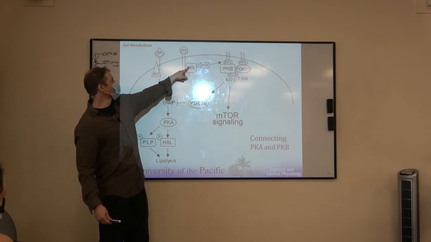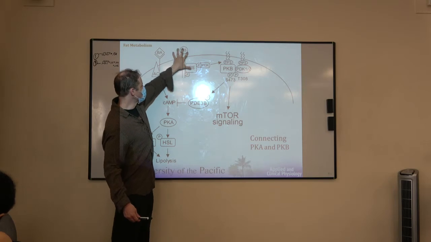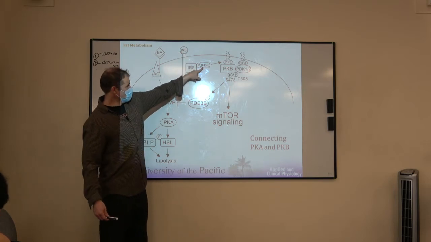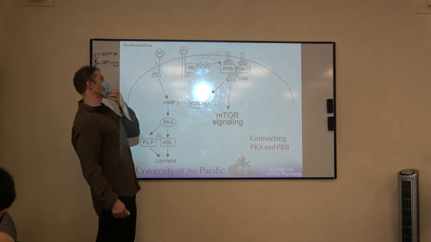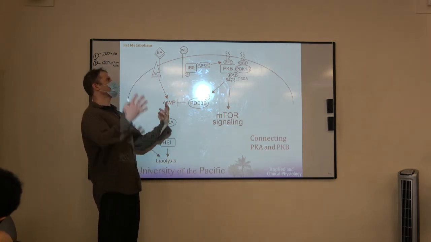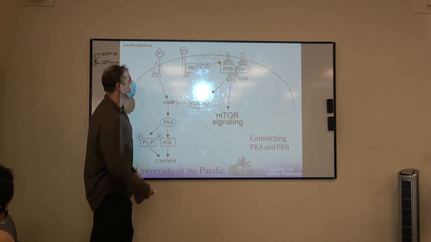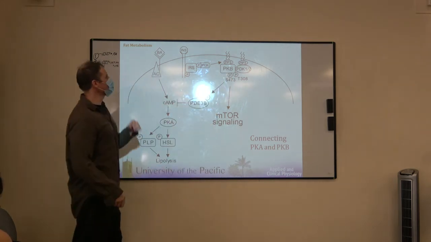From insulin, there's insulin receptor substrate. This is our receptor, PI3K. That converts PIP2 to PIP3. Phosphatidylinositol bisphosphate, or who cares, 2 phosphates, whatever, 2 phosphates into 3 phosphates. Phosphatidylinositol triphosphate.